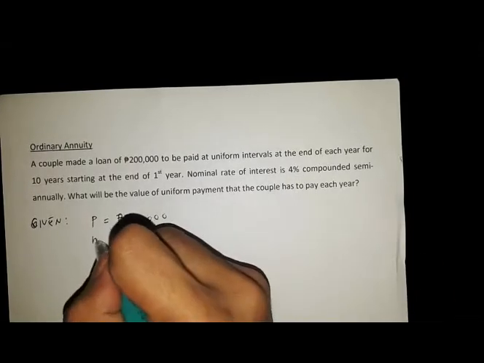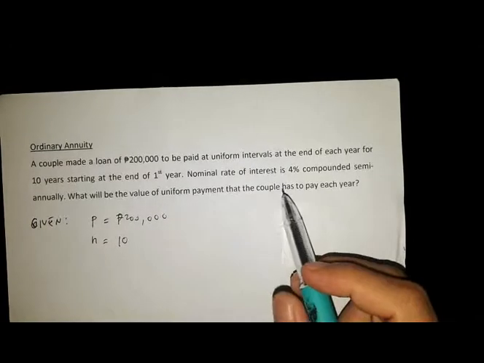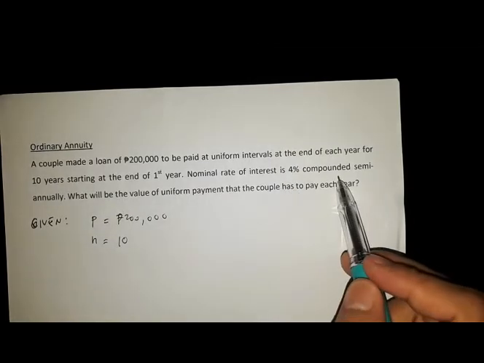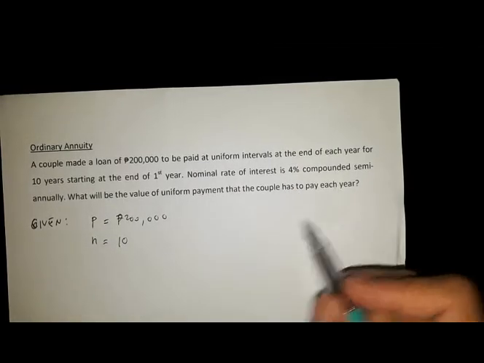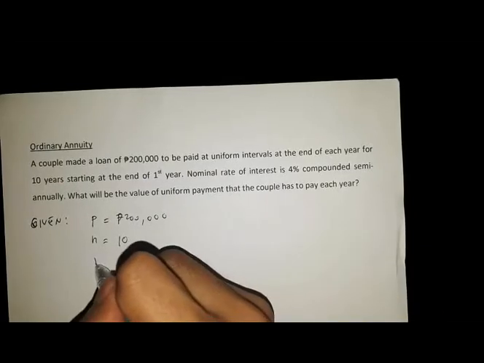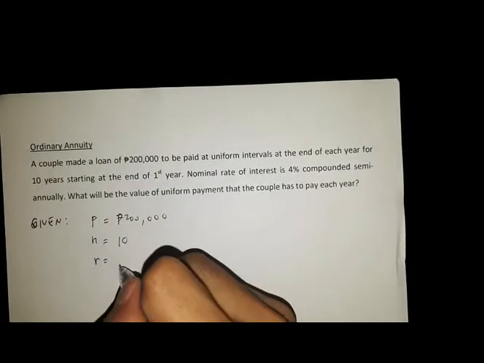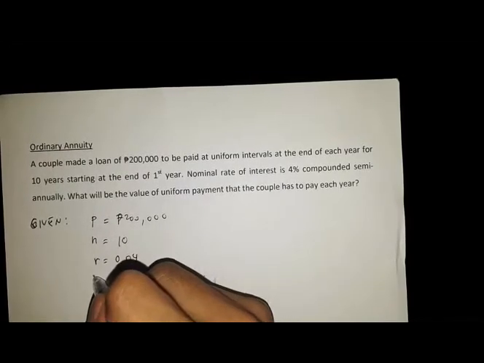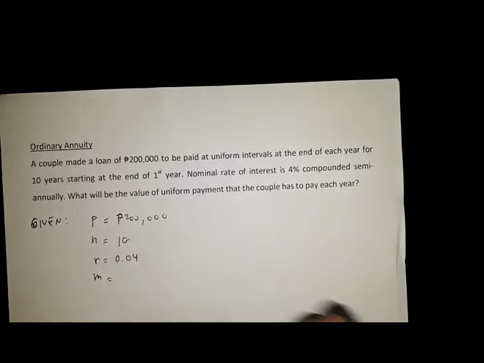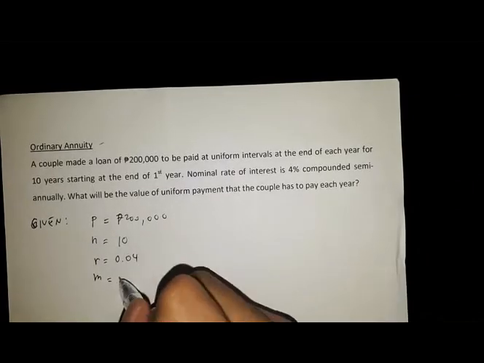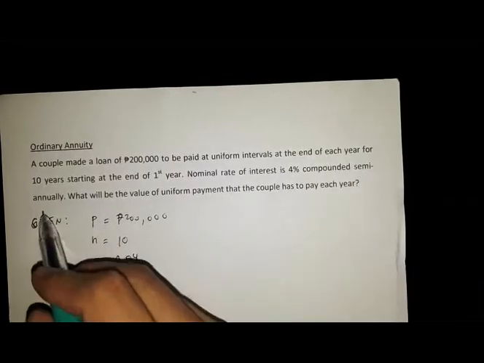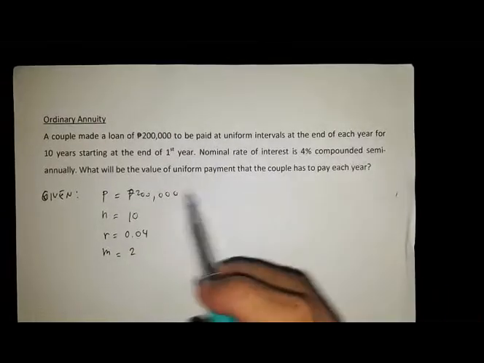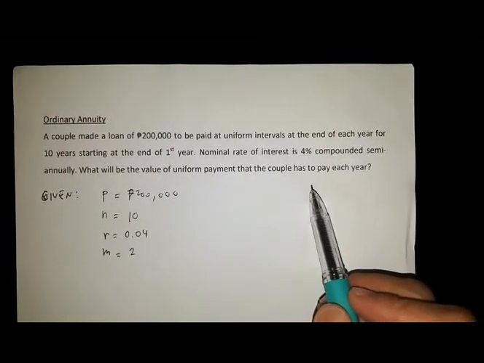So the number of payments n is equal to 10. The nominal rate of interest is 4% compounded semi-annually, so we have the nominal rate r equals 4%, and the number of compounding per year, m, is equal to 2, as it says, it is semi-annually. We need to find the value of the uniform payment the couple has to pay each year.